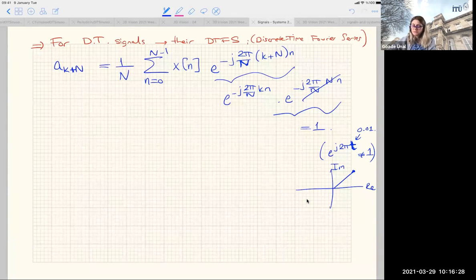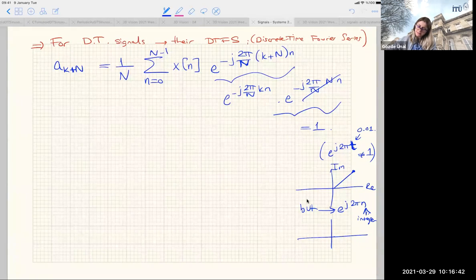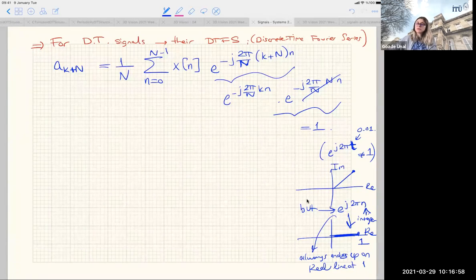But for e to the j 2 pi n, things are different, because n is an integer. This guy always ends up on the real line at 1. Okay? So that's why it's 1.